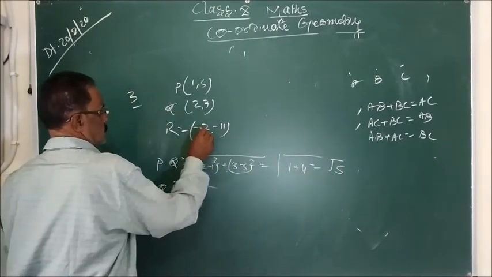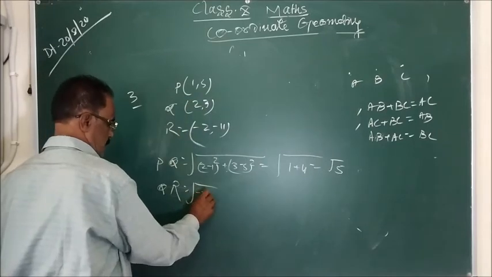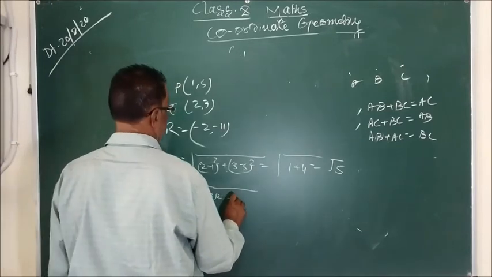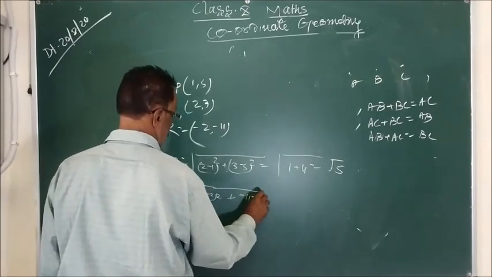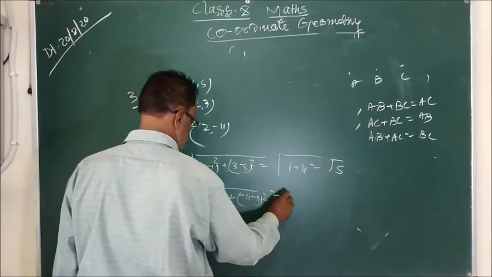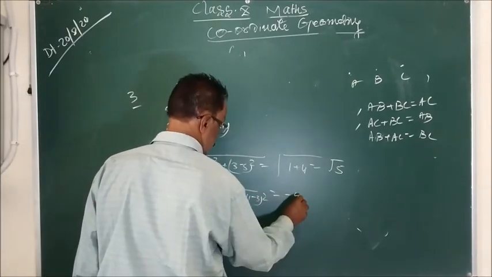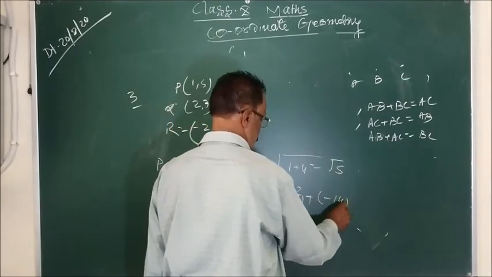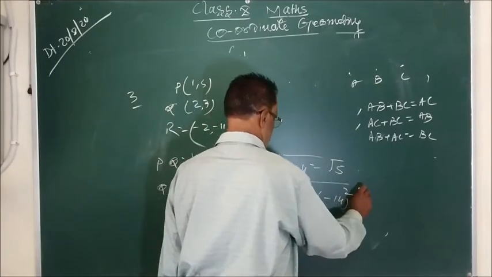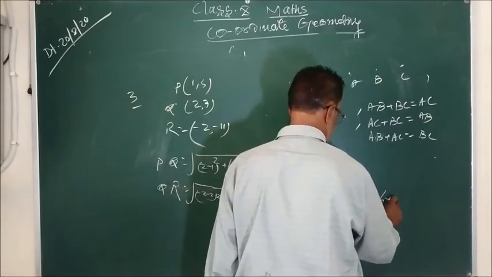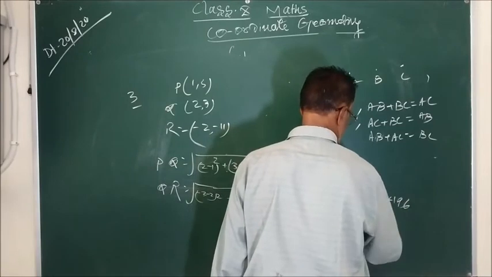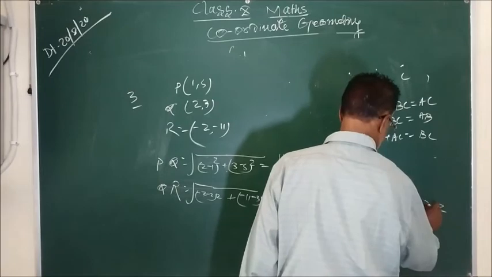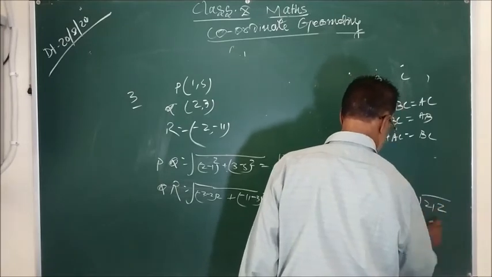QR is equal to minus 2 minus 2 whole square plus minus 11 minus 3 whole square. This will be minus 4 whole square and this will be minus 14 whole square, and this will be 16 plus 196, that is 212.